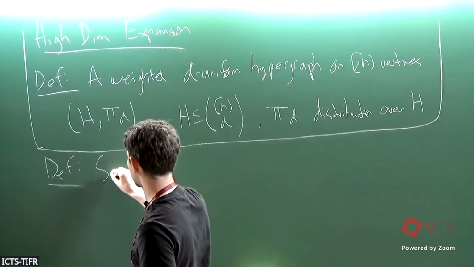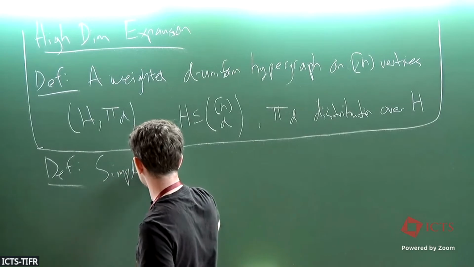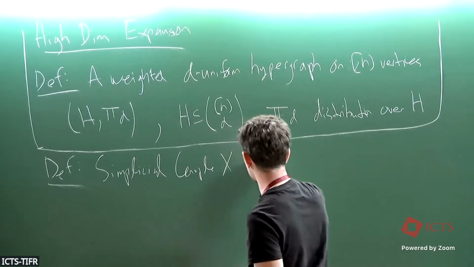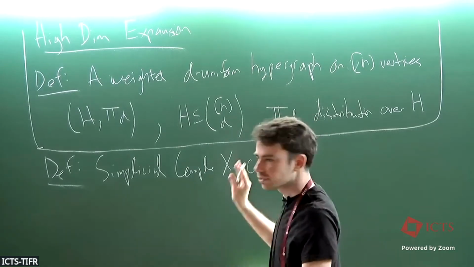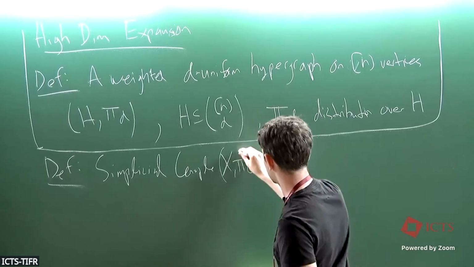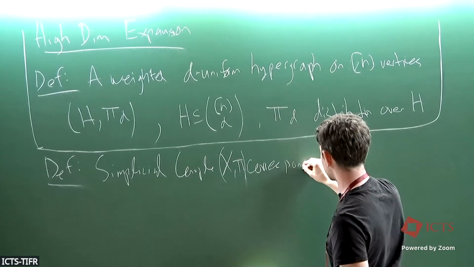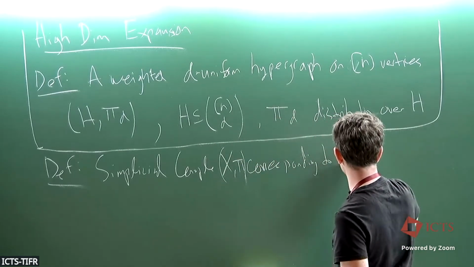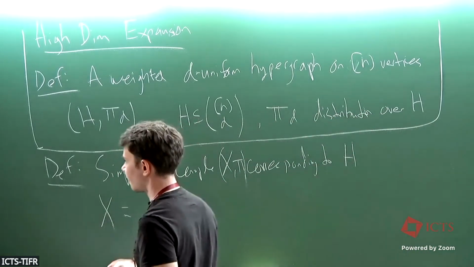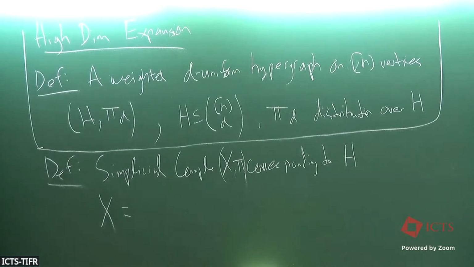So the simplicial complex X, the weighted simplicial complex, maybe I should say X pi, corresponding to H, consists of the union of all of these levels, right? Sets of each size that are induced by downward closure.